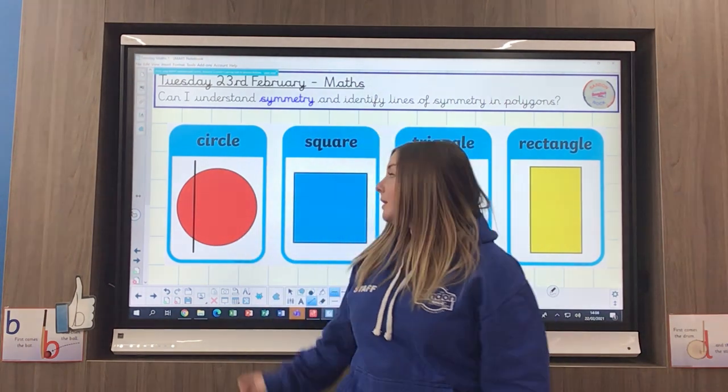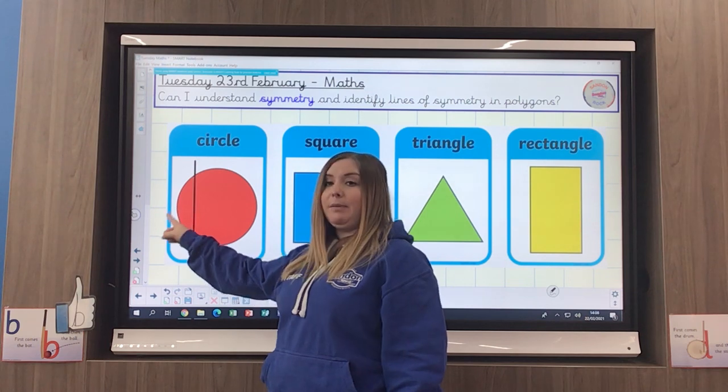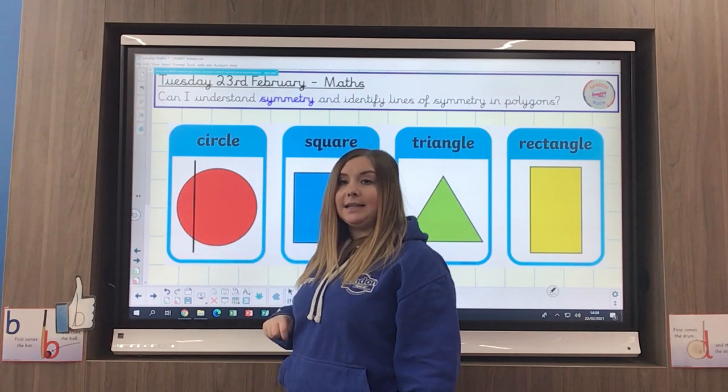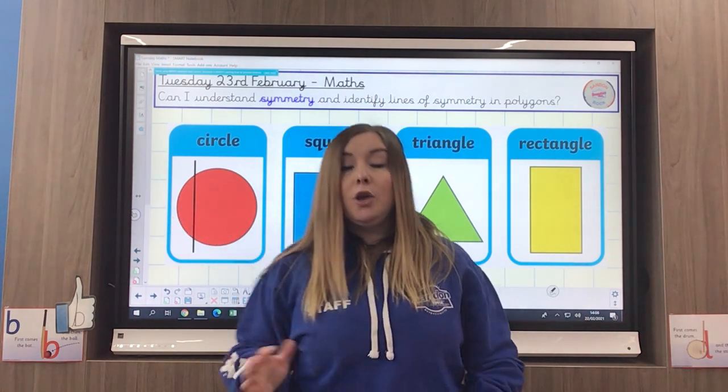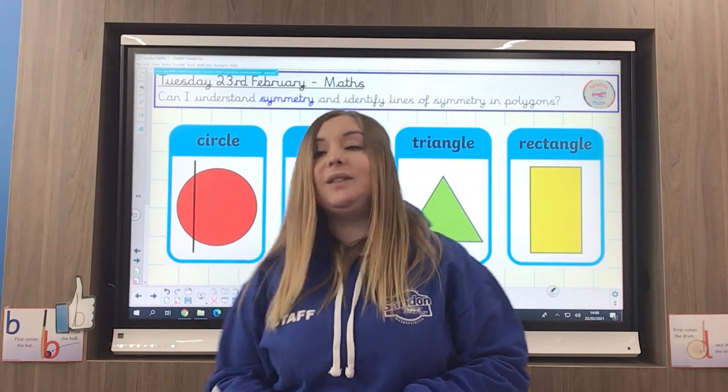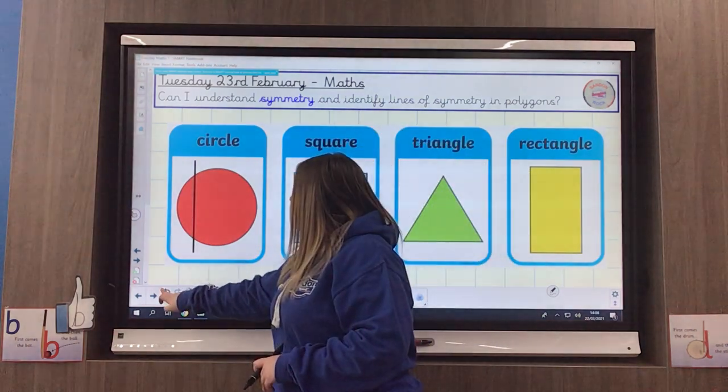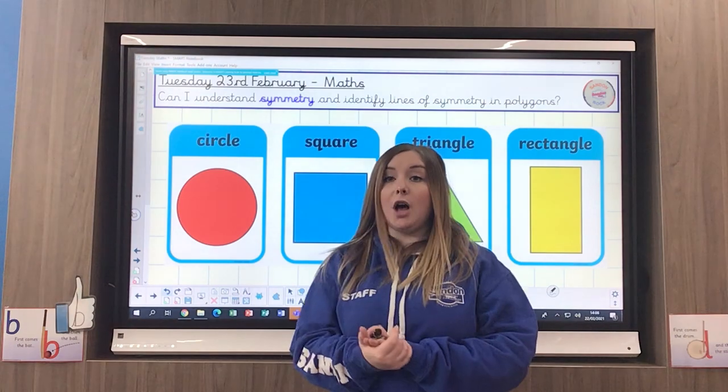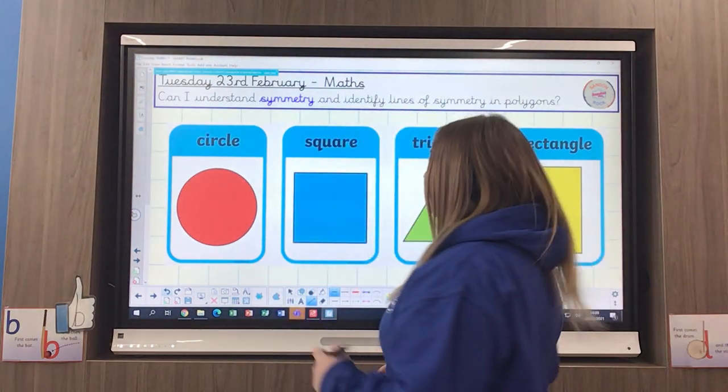Have a look. Does it look exactly the same? This side of the black line and then this side. It doesn't, does it? So that's not a line of symmetry. When we do lines of symmetry, both sides have got to be exactly the same.